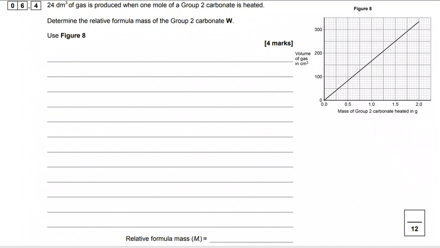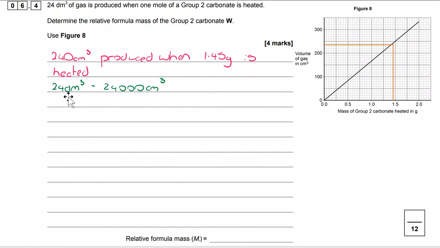We're going to take a look at what happens not at 24 decimeters cubed. We don't have that. But what we do have is 240 centimeters cubed. So if I take that, because that's out by a factor of 100, my 240 cm cubed gives me a mass of 1.45 grams.